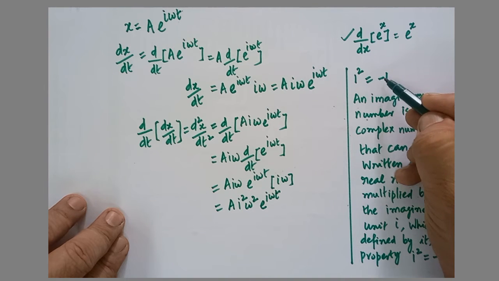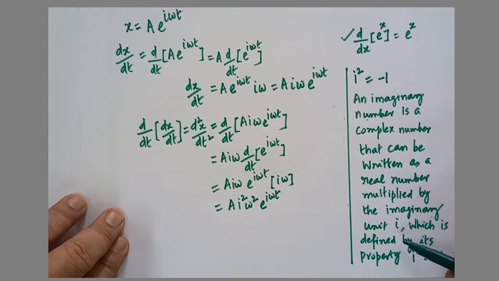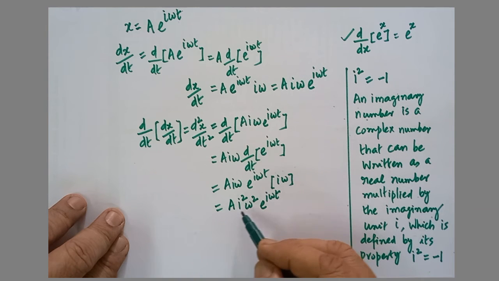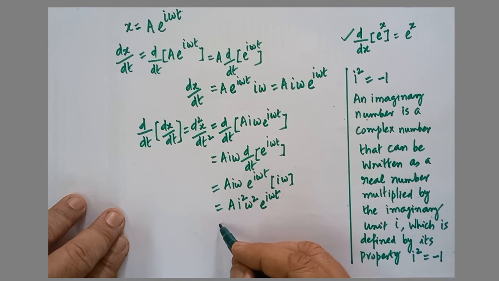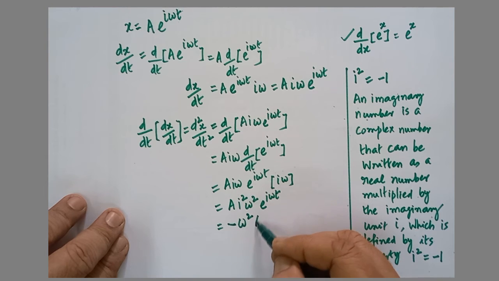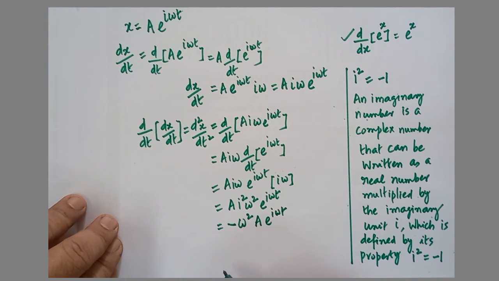Here i² is equal to minus 1. Your math teachers will give the explanation for that. Just know that i² is equal to minus 1. So here i² can be replaced by minus 1. This ω² can be written in the front. What is the rest of the factor? A e^(iωt).